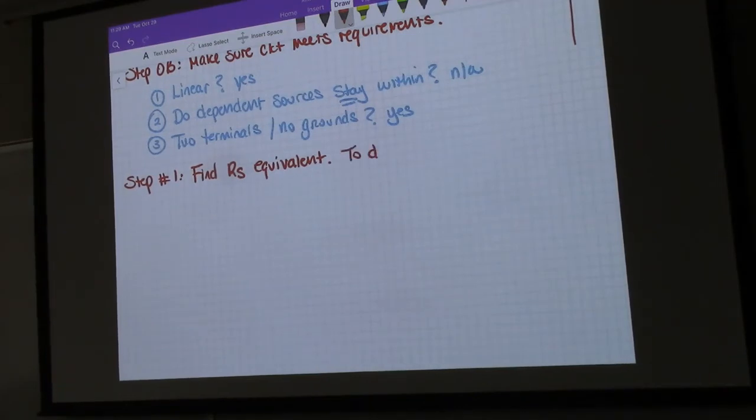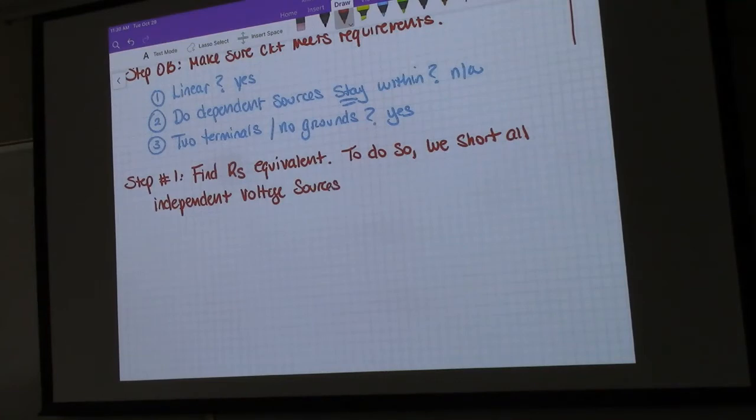To do so, we short all independent voltage sources and open all independent current sources.